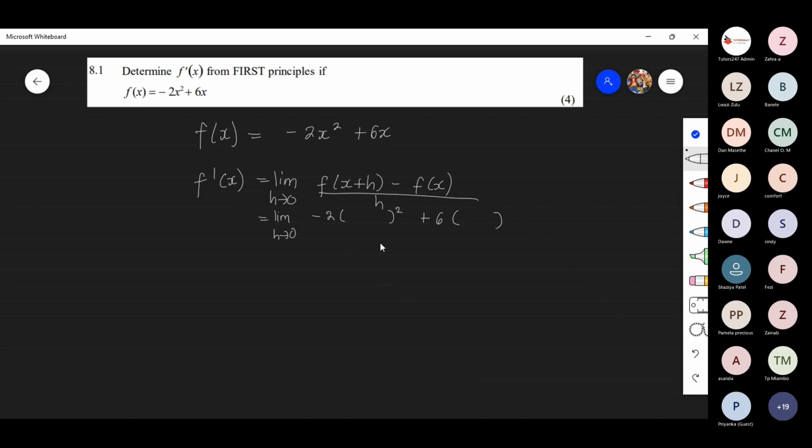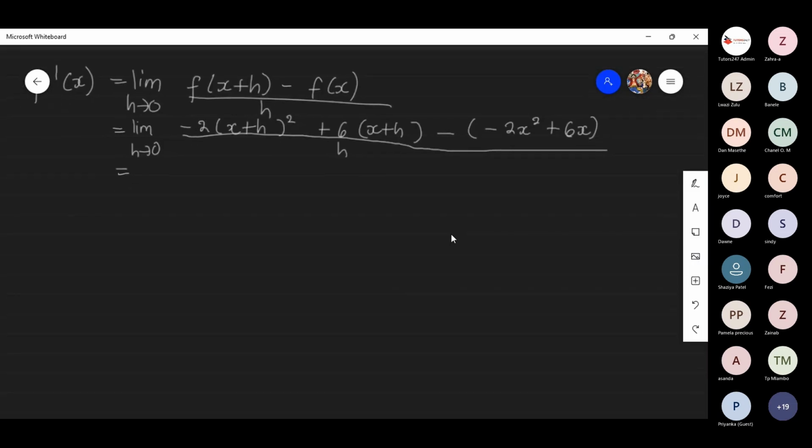And in that bracket, we are going to put x plus h. Minus, so we bring down our negative sign, and then we substitute f of x. So that is then going to be negative 2x squared plus 6x all over h.